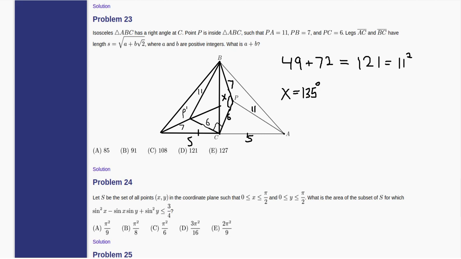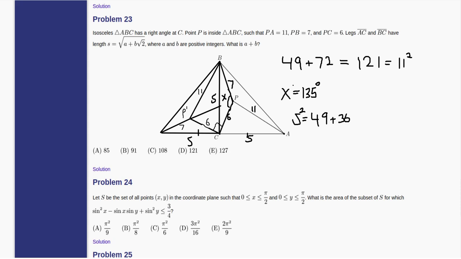If we know the angle in between two side lengths, and we know the side lengths, we can find this BC. So BC is S, which is the length we want. So S squared, and this is the law of cosines, is 49 plus 36 minus 2 times 42 times cosine x.